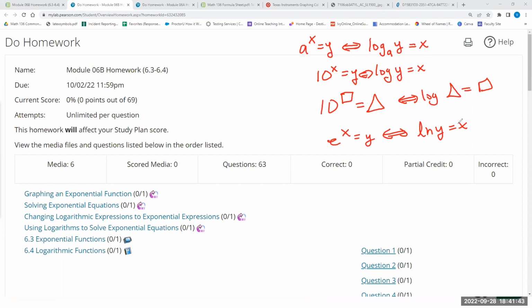So first I want to talk about just basically the graphs. For the exponential, the graph starts out flat and gets steeper and steeper. It flattens out along the x-axis, so it has a horizontal asymptote at y equals 0.